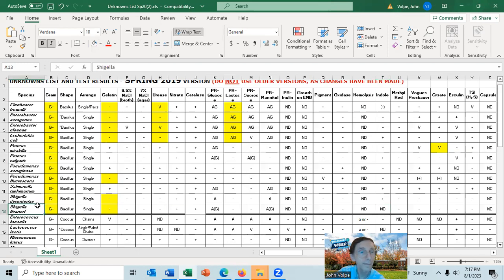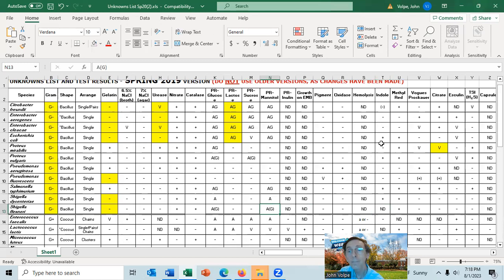Let me go there. Shigella, I don't see the last name up there. We don't have the data there, so you have to treat an ND as a variable, meaning both a plus and a minus. Any question about any of that? Wherever there's a parentheses, it means most of them are this way.